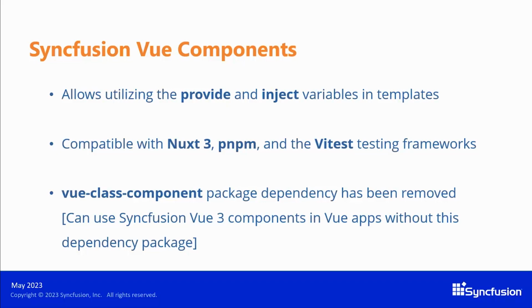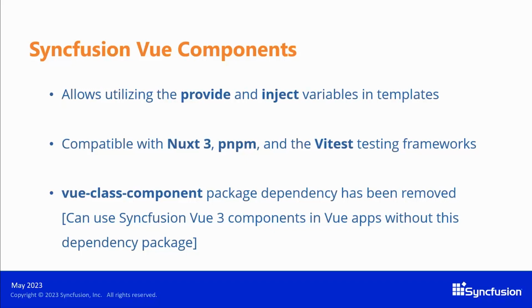So now all our Vue components are allowed to utilize the provide and inject variables inside the templates. Previously it was not possible to utilize these variables. Now you can make use of them, and all our Syncfusion Vue components are compatible with Nuxt 3, PNPM, and the Vitest testing frameworks.